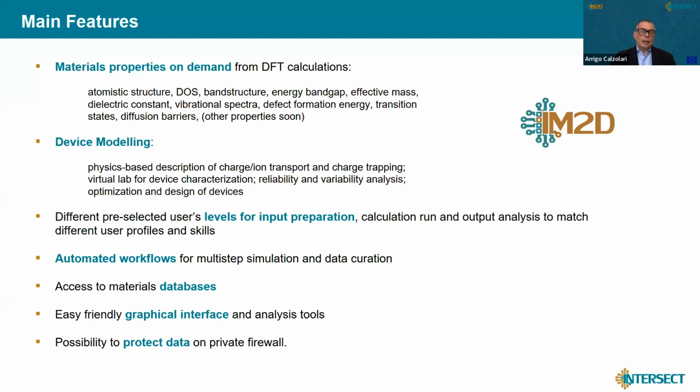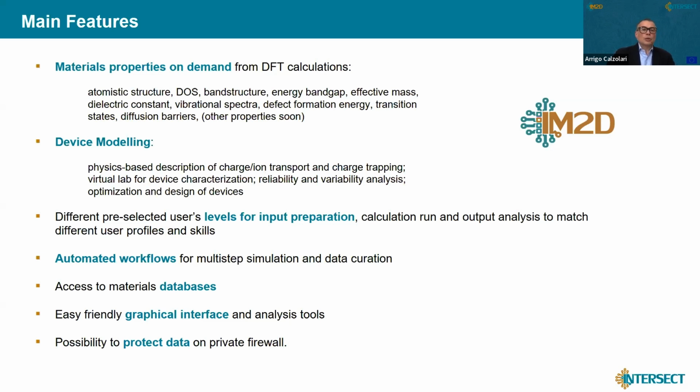About IM2D, we have shown you that we have different knowledge levels, or profiles, for possible users. This allows you not to take care of all the possible parameters needed to run the calculation, because the IM2D platform will decide the parameters that you don't know by itself, using a lot of automated workflows.